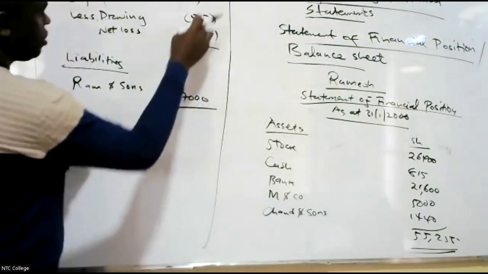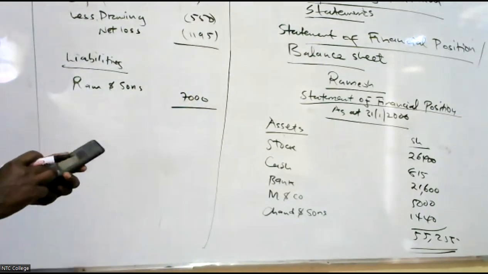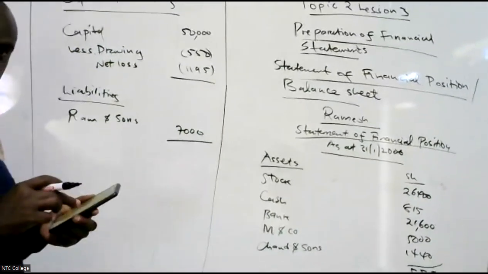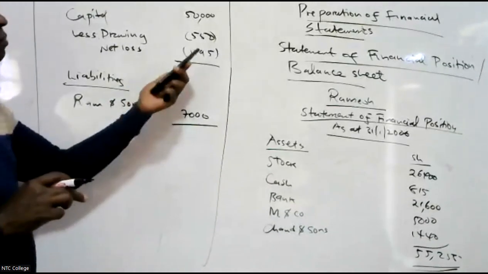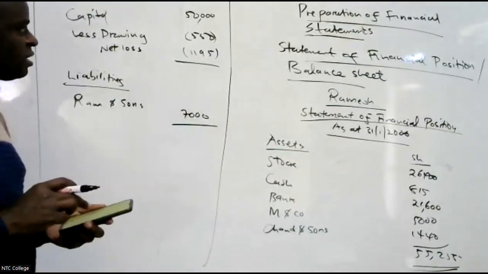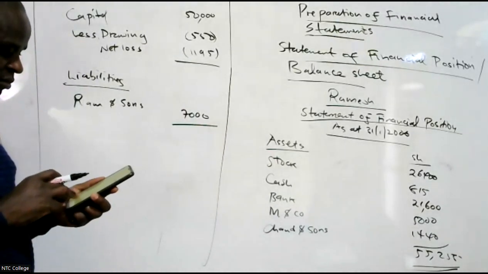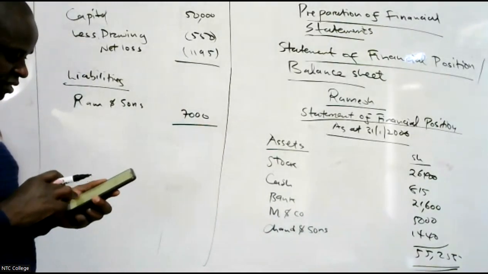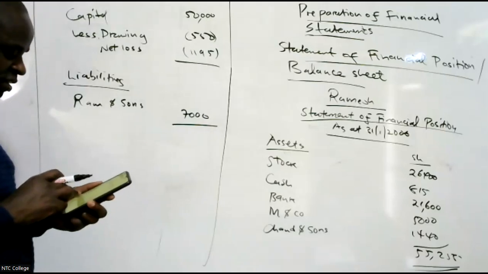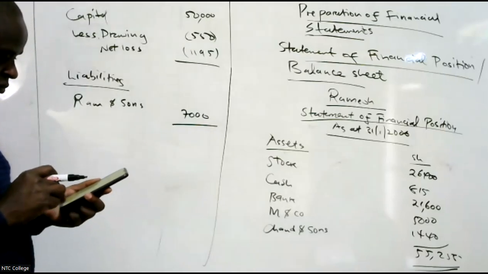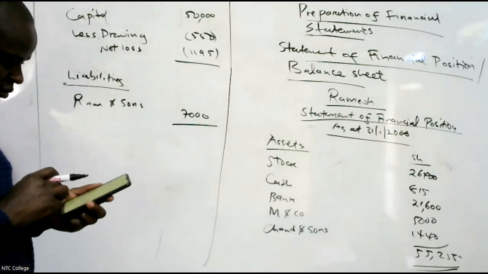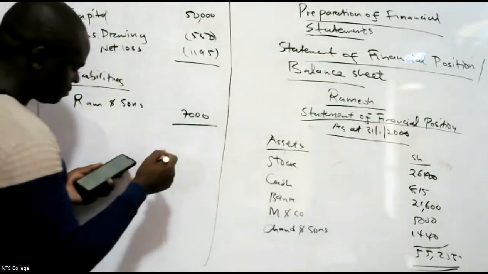So get me the total here. How much are you getting? 5,000 minus 550 minus 1195. So we are going to have 5,000 minus 550 minus 1195 plus 7,000. How much are you getting?